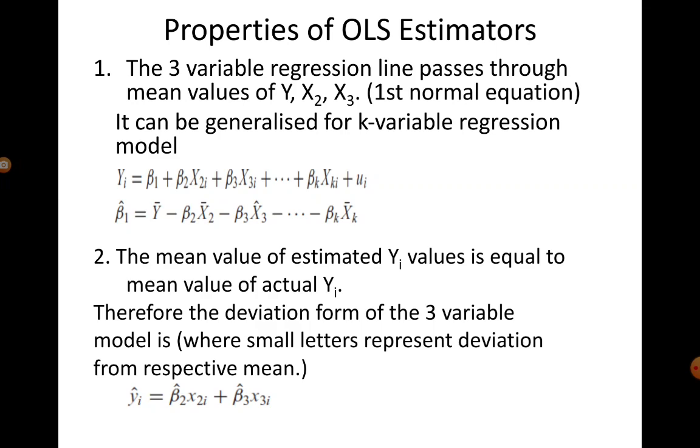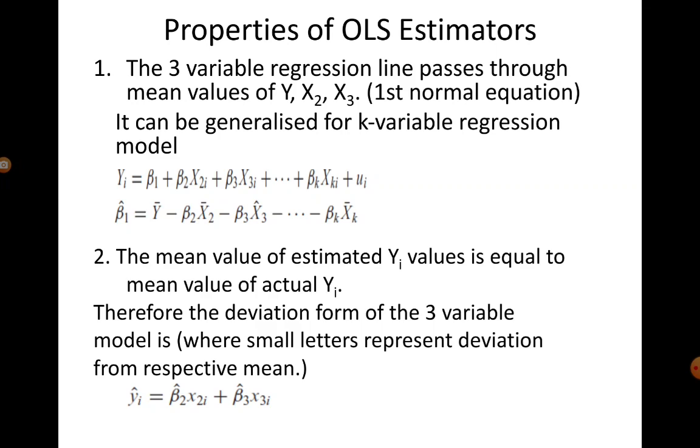We discussed the formulas of the estimators, had a look at the variances and the standard errors of the estimators, and also discussed two additional assumptions to the CLRM, which are required when you have more than one explanatory variable.